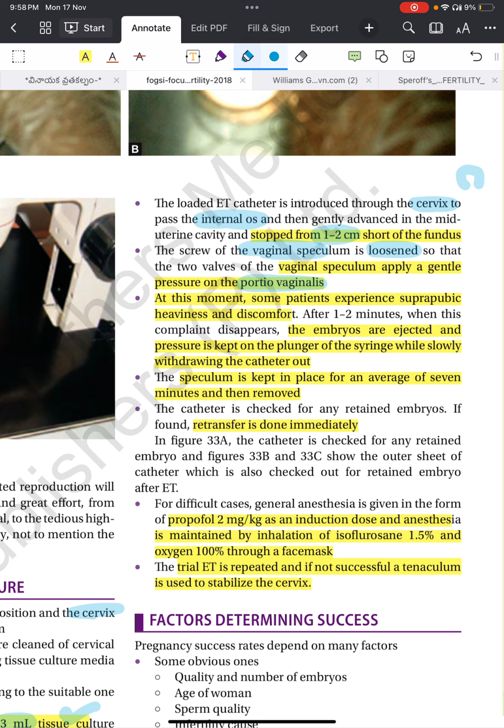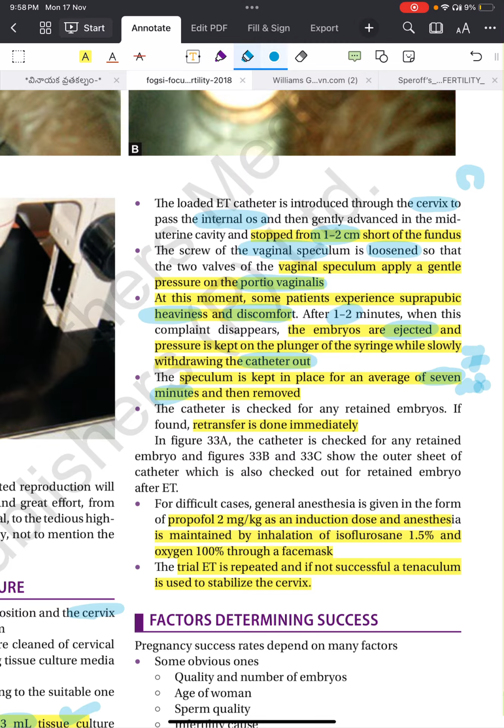The patient will feel some suprapubic heaviness and discomfort at this moment. You wait for 1 to 2 minutes. After the pain disappears, you eject the embryos with the plunger. Once ejected, slowly withdraw the catheter. The speculum is kept in place for an average of 7 minutes, and then removed.